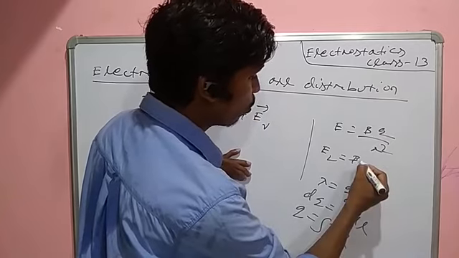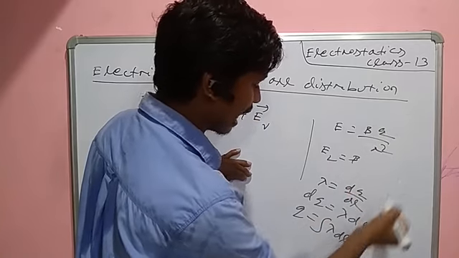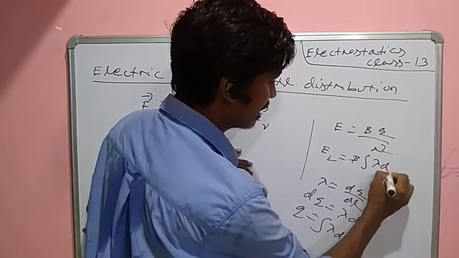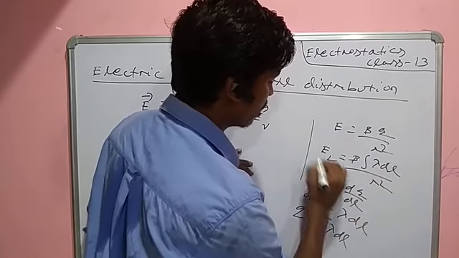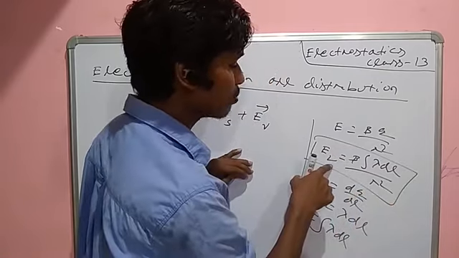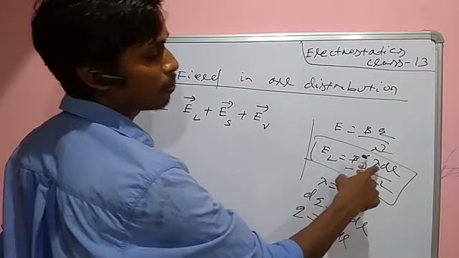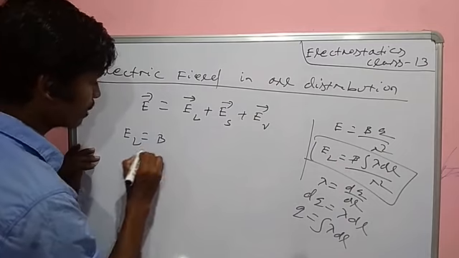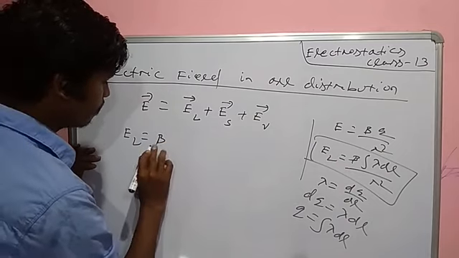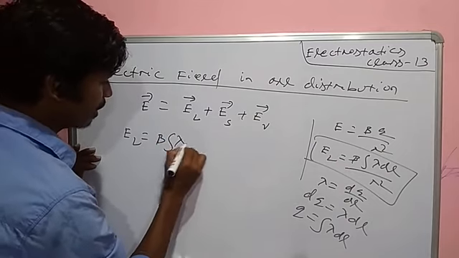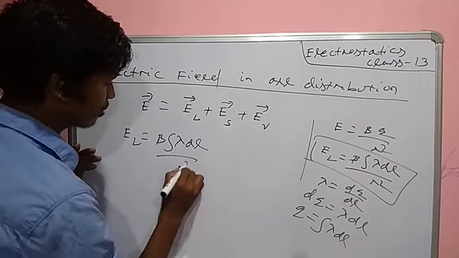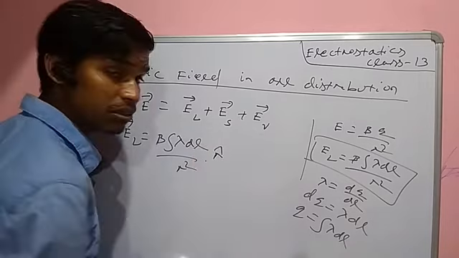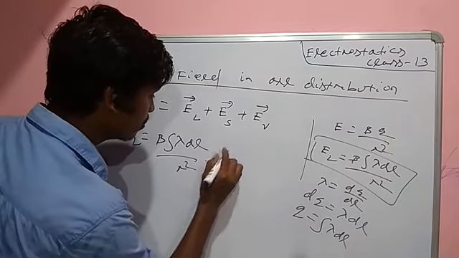So instead of Q we can write k integration lambda dl by r square. So EL is equal to k integration of lambda dl by r square. Yes or no? You have to remember, as a vector, the r unit vector is multiplied.